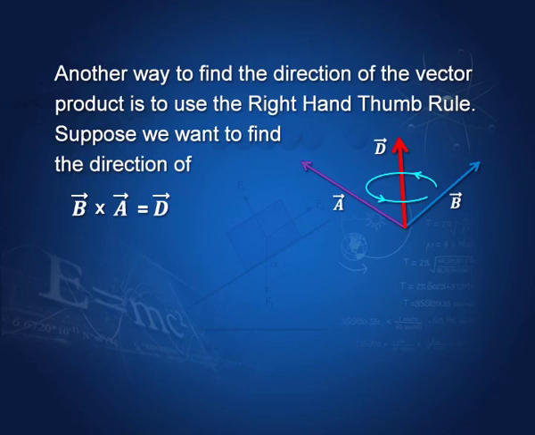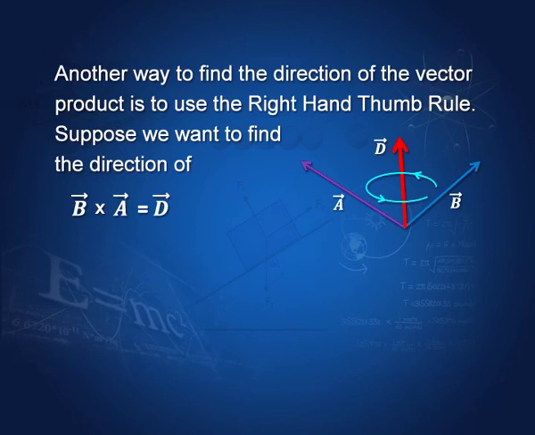There is another way also to find the direction of the product vector. In this case, we use what is known as the right hand thumb rule. If we are going to multiply vector B, let us say in this case vector B with vector A, that is, we are going to get vector B cross vector A, then we curl the fingers of our hand from B to A, and the direction of the thumb gives the direction of the product vector.